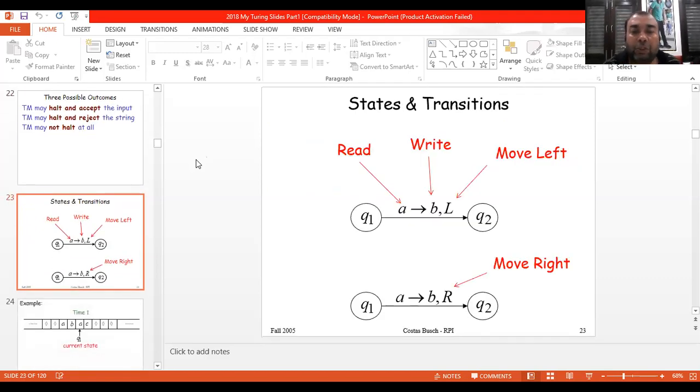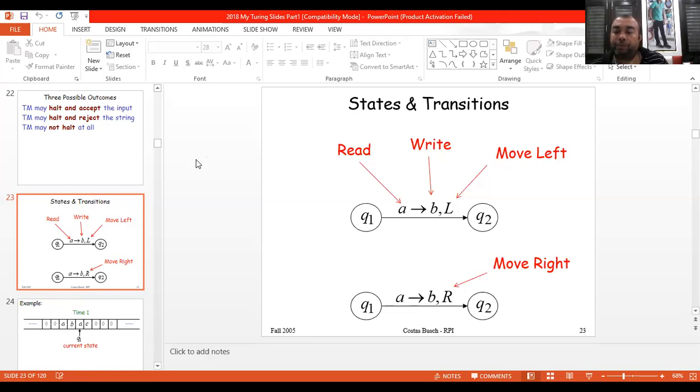Okay. So now let us see these transitions and states. The above transition represents that you are in state Q1, you are reading A from the input tape. After reading A, you convert A into B and you switch from Q1 to Q2 and you move towards the left side of the input tape, one cell left.